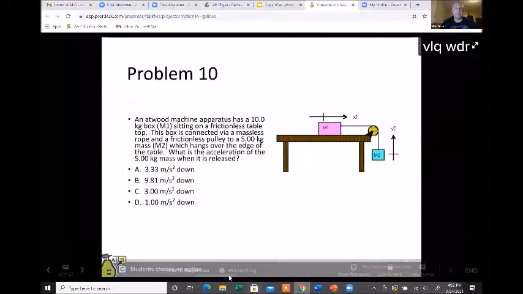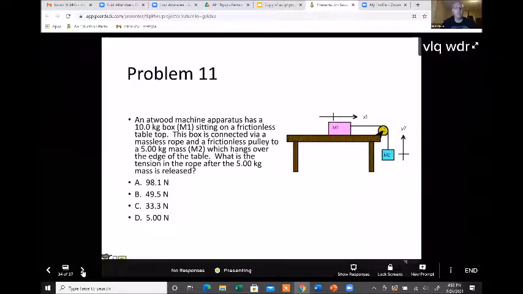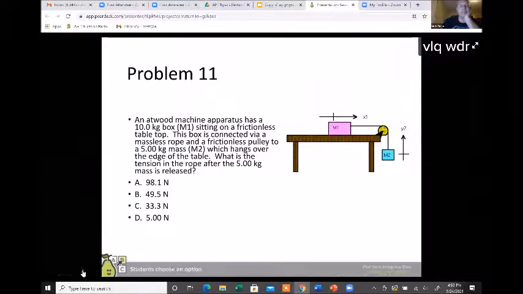All right, so let's go back to Pear Deck. I think we have 2, maybe 3 more problems. Notice this one looks very similar. It's the same setup as the last one. They're also going to ask you about the tension, so see what you can do on problem 11. Remember that our acceleration was 3.33 meters per second squared for the system. You need that from the last problem.